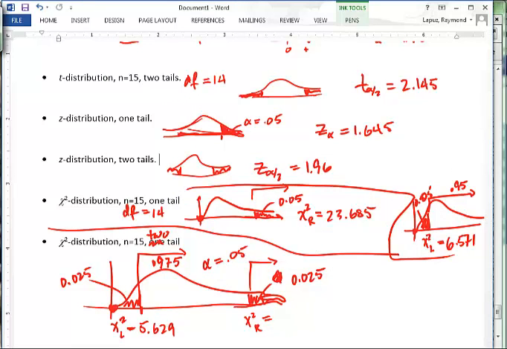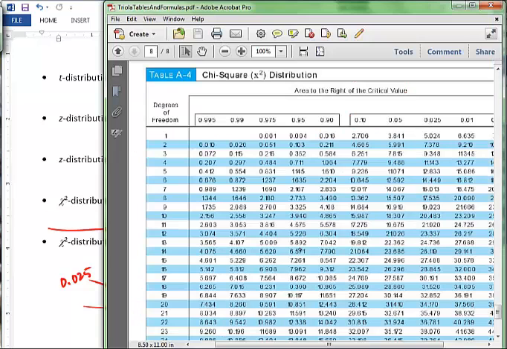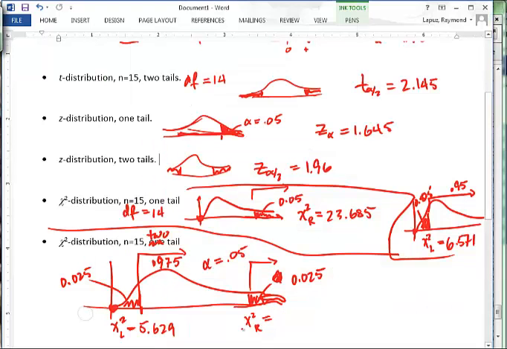And for the right side, degrees of freedom 14, we get 26.119. Okay, so these are critical values, and that's how you find the critical values using the tables.